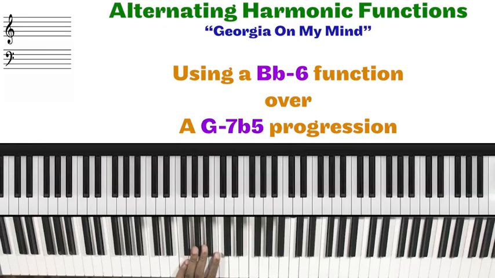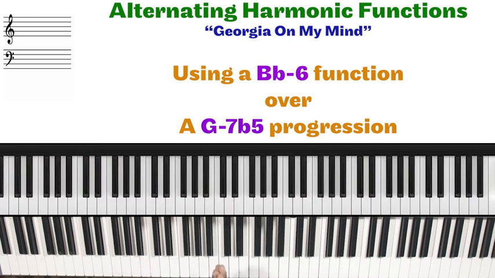So really quick, let's just think of this harmony as a B flat minor 6. So let's do a 2-5 of B flat minor, and then resolving it as if we were functioning as a G minor 7 flat 5. So we'll go C minor 7 to F7 flat 13 to B flat minor 9, and then resolve the harmony.